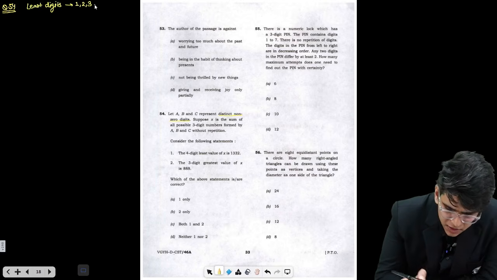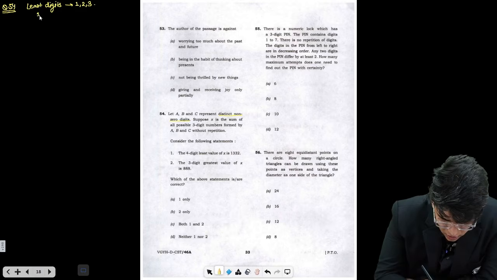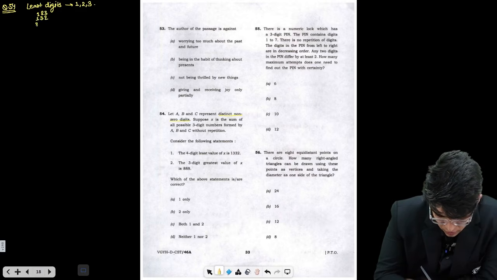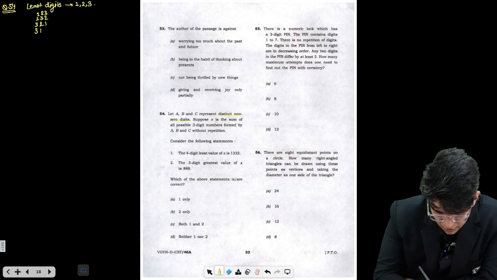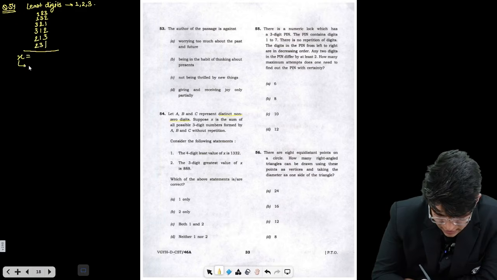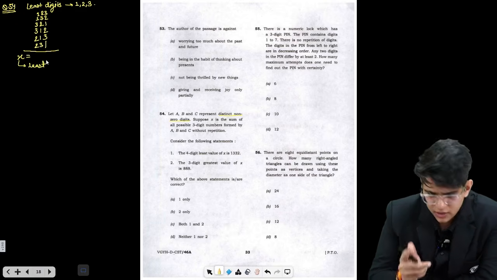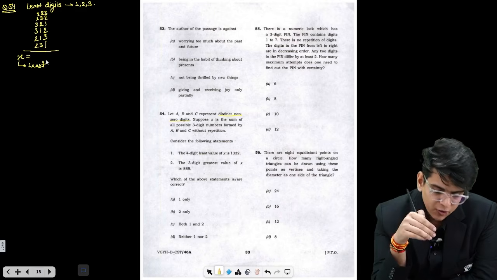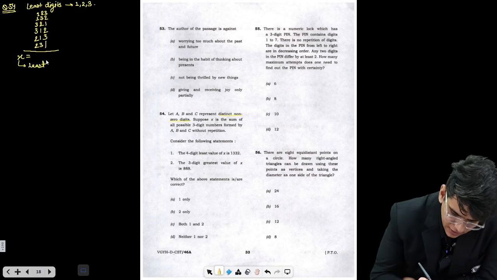What are all the numbers possible from these 3 digits? 123, 132, 321, 312, 213, 231. What is the sum? x is least when all the 3 digits are least. The least value of x is nothing but 1332.